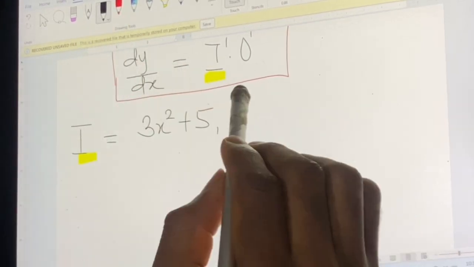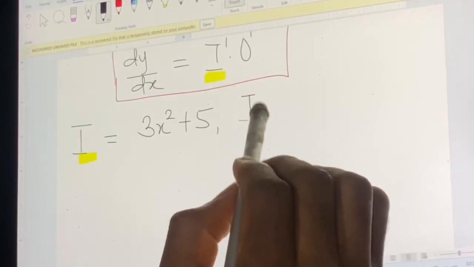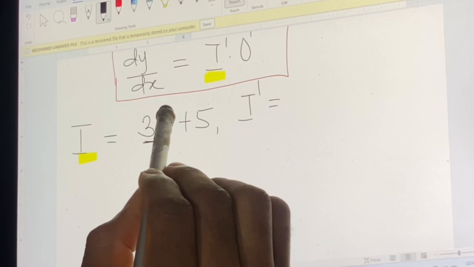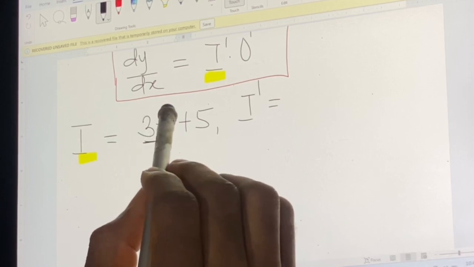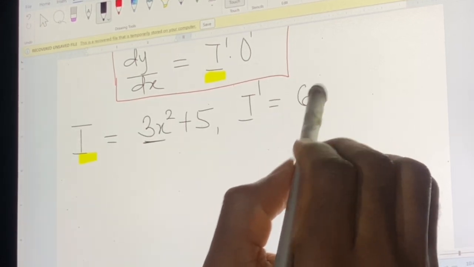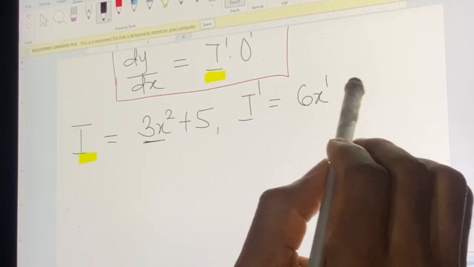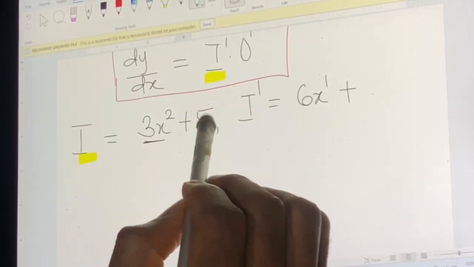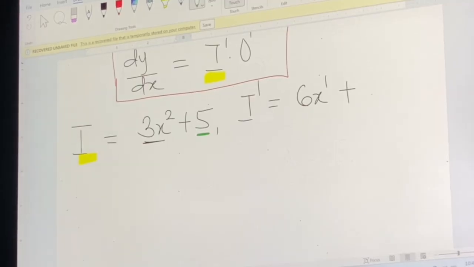So let's differentiate the inner. The inner derivative will be: differentiate 3s squared, that is, take the power down to the base and subtract 1 from it. I will have 6s raised to the power of 1, plus this 5 here is a constant. Now, what is a constant? Any digit that has no letter attached to it is a constant, and the differential coefficient of a constant is equal to 0.